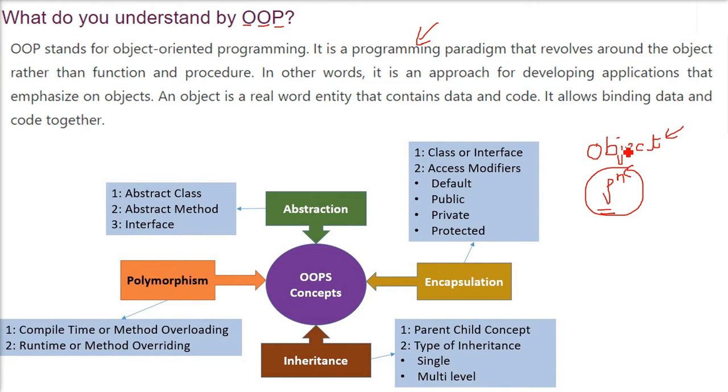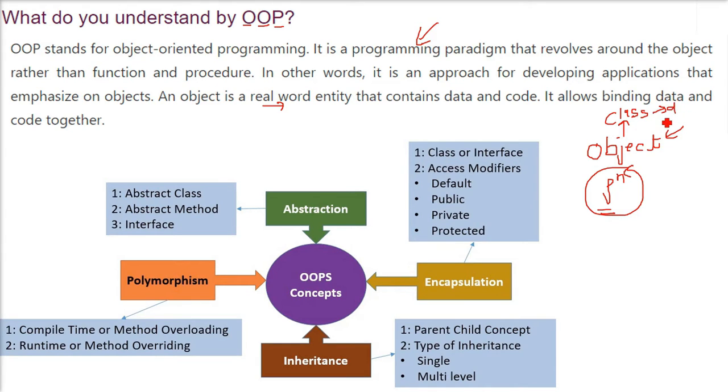Basically, the main idea is that a real life entity, a real life world, has to be mimicked, has to be programmed. So object is a real world entity that will contain the data and the code and the functions operating on that code. So this allows binding data and code together.